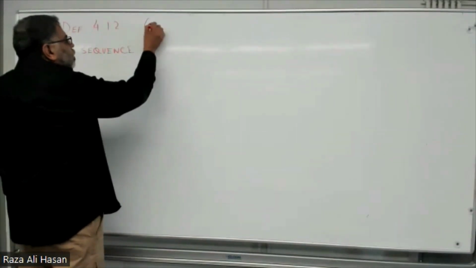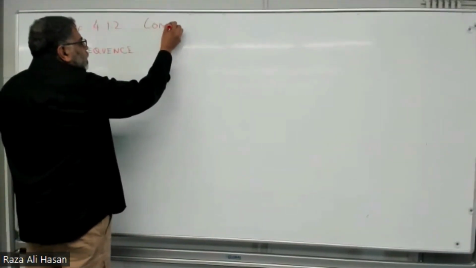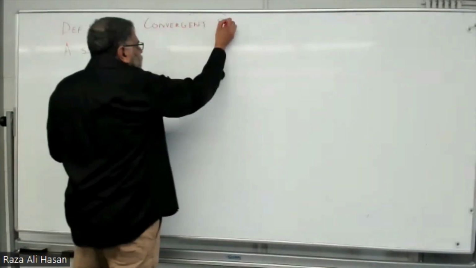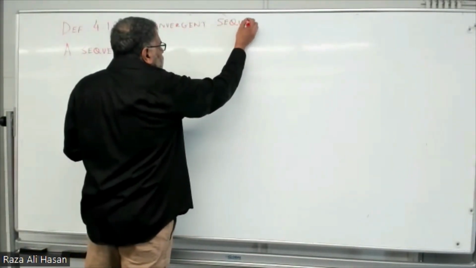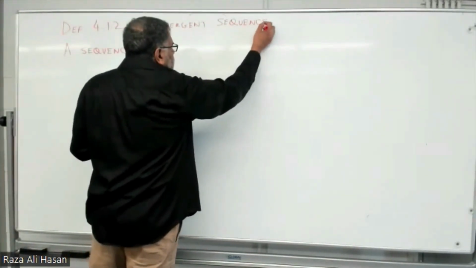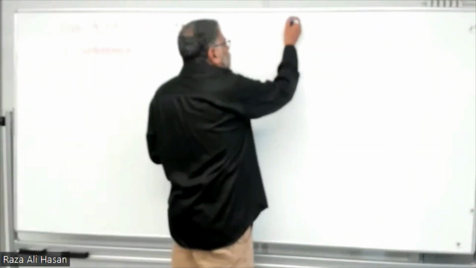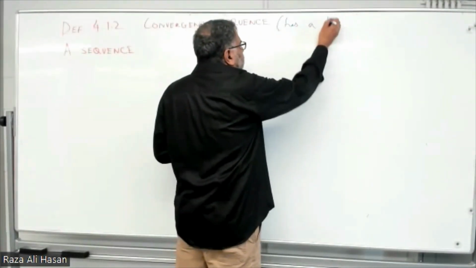Now we're doing the definition of what a convergent sequence is. The short answer is, it has a limit.